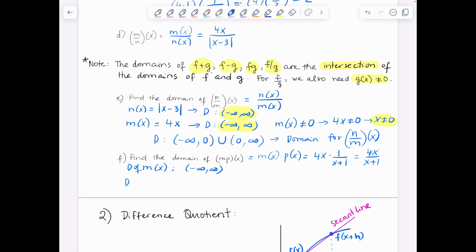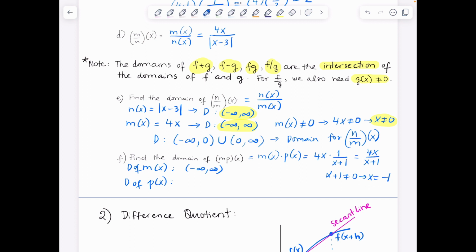Now, domain of p of x. P of x is the function 1 over x plus 1. Now, this is a rational function that has a denominator, so it has a restriction, that is x plus 1 cannot be 0. X plus 1 cannot be 0 means x cannot be negative 1.